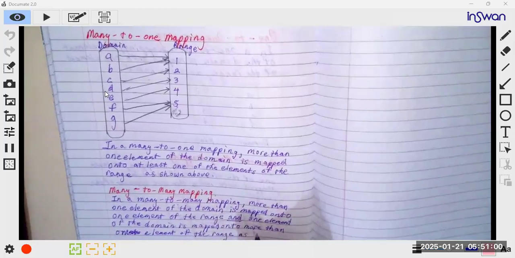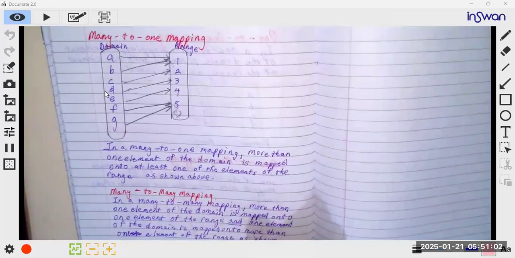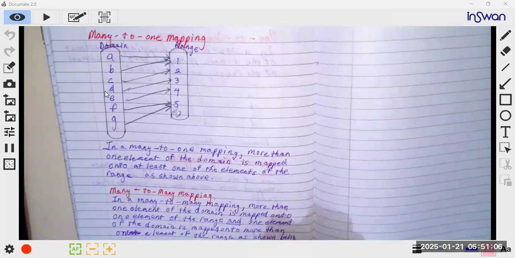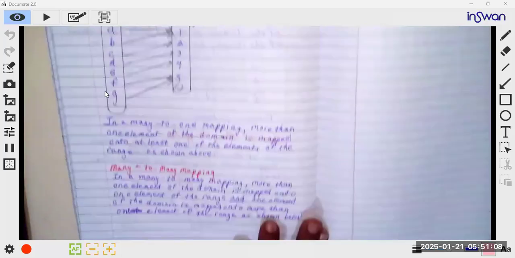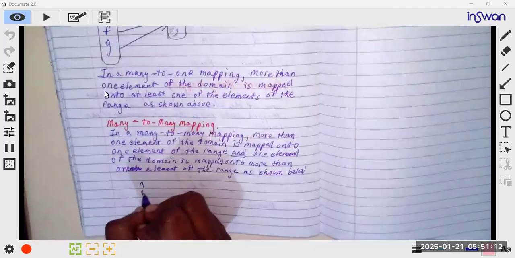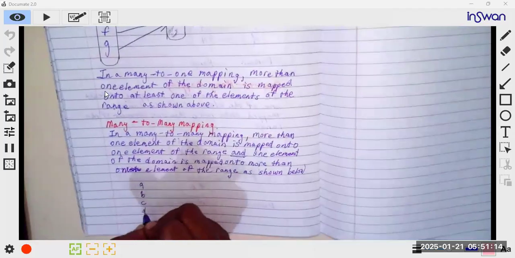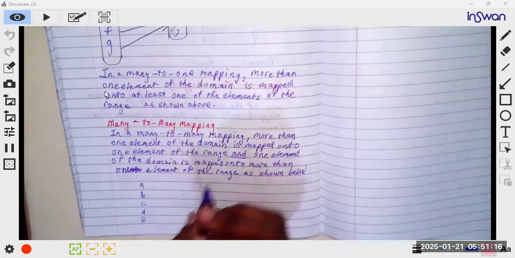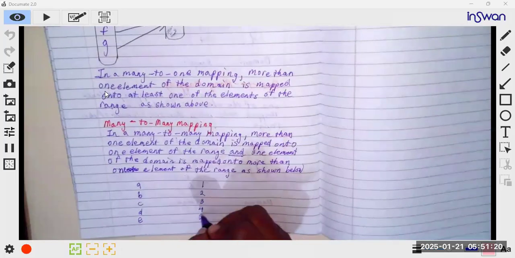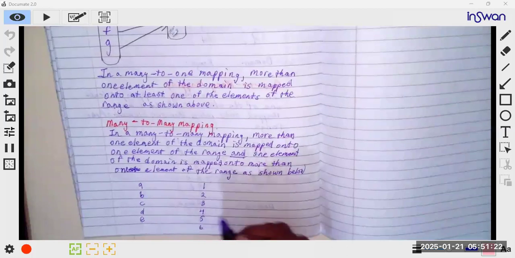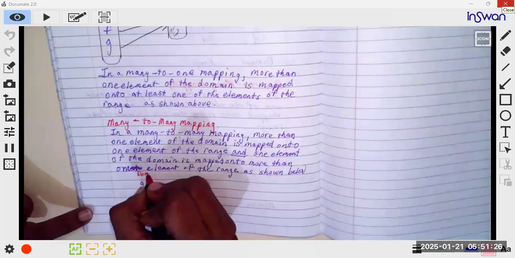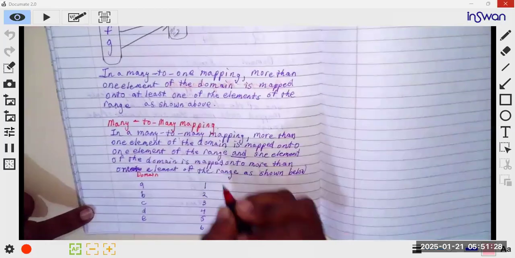I hope it fits below. So this will be A, B, C, D, E. And here I could go 1, 2, 3, 4, 5, 6. So this is my domain, and this is my range.